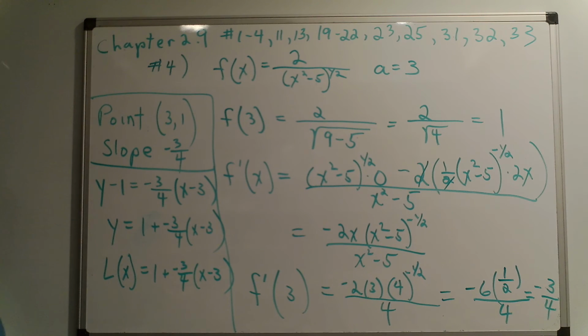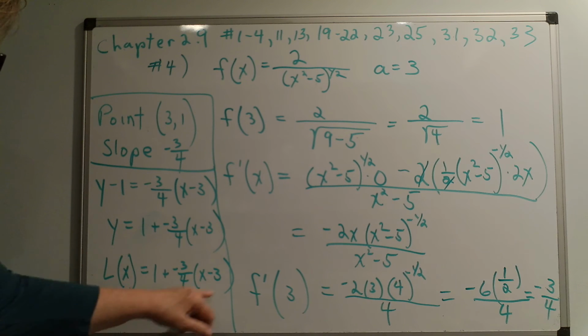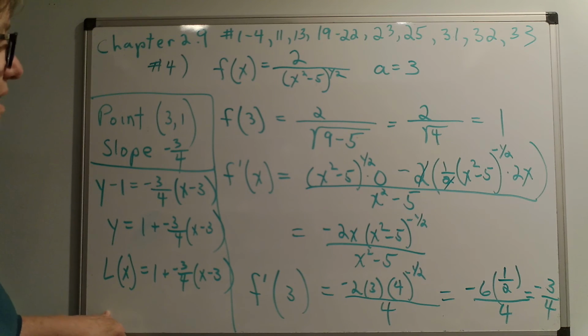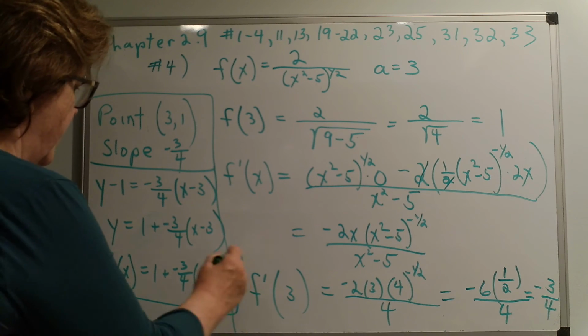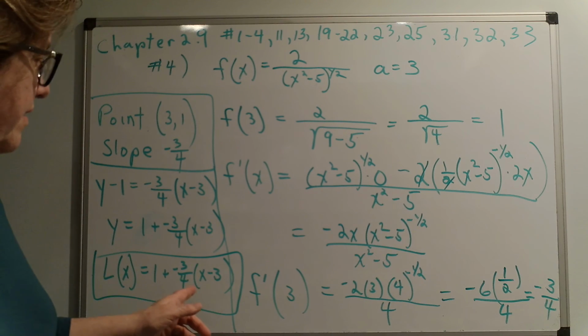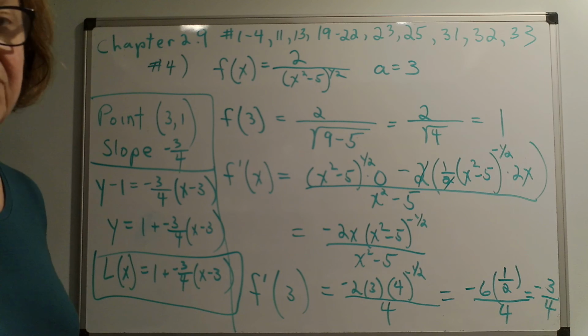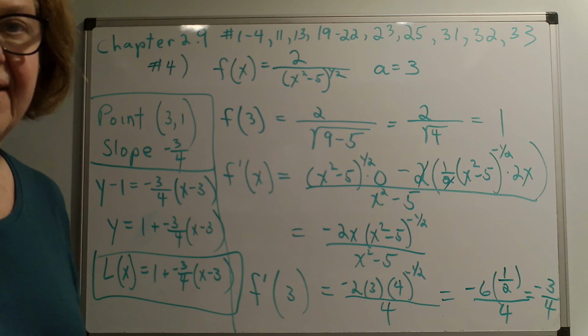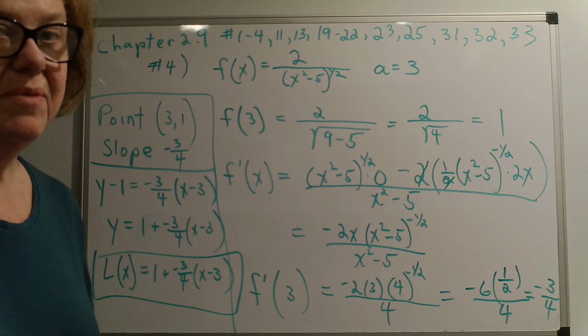And that's it. This is the equation of the tangent line to the curve at x equal to 3. So that's our solution. That's the linearization of that function near x equal to 3. I'll do another problem in another video.